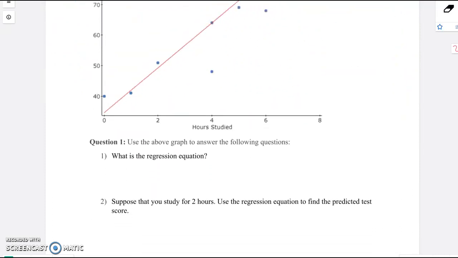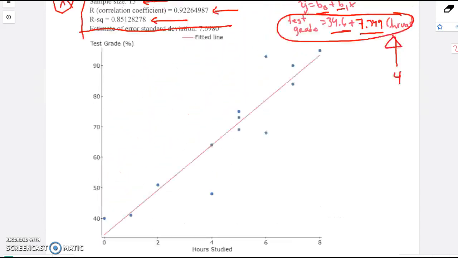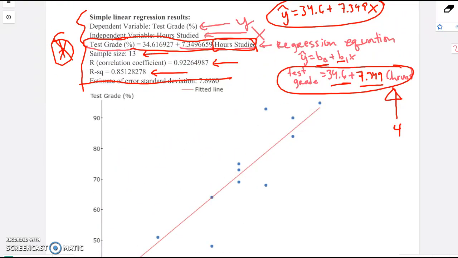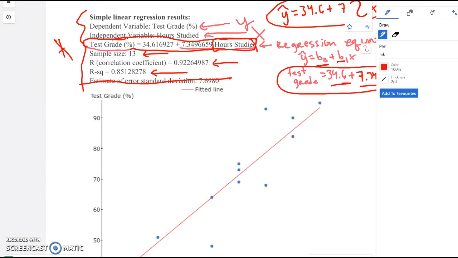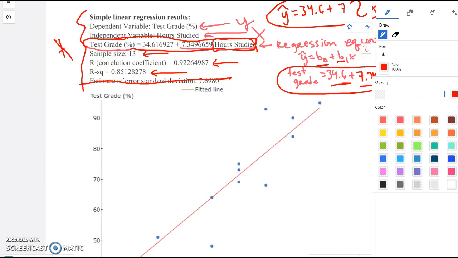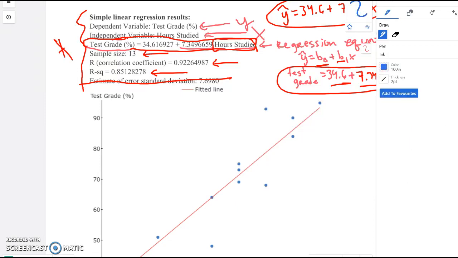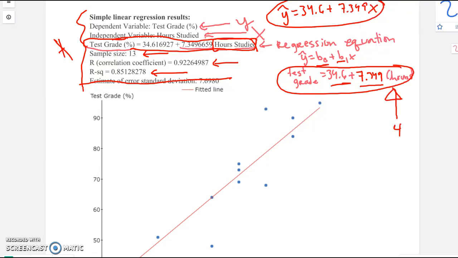Well, you can do it many different ways. You can just copy paste this regression equation and just say that, or you can just go ahead and write this too. It doesn't really matter.